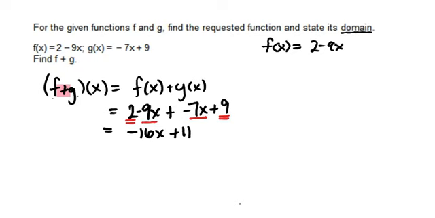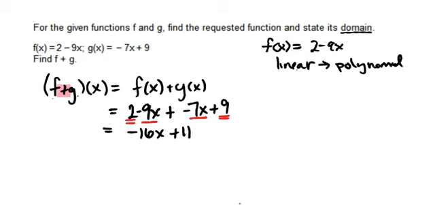And as we look at this function, it looks like it doesn't have any restrictions. What I mean by that is that there are no variables in the denominator, no variables underneath a radical. And this function, more specifically, is a linear function, which is a type of polynomial function.